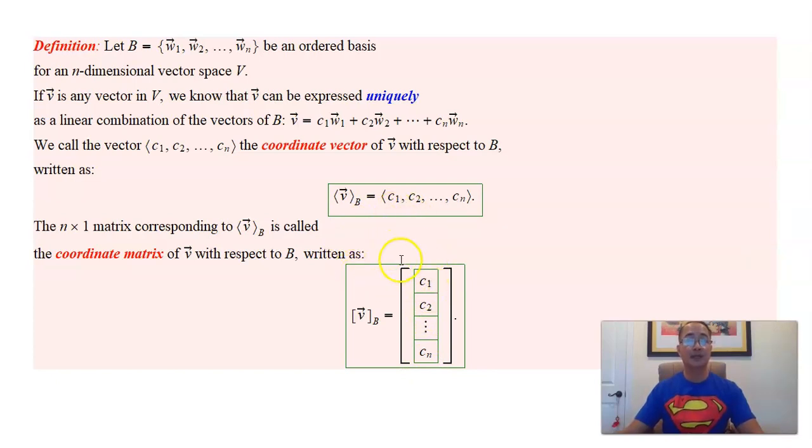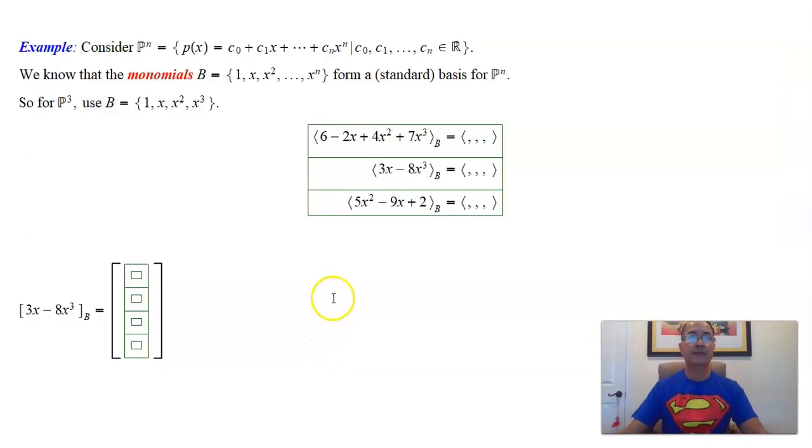So just put the numbers in a column vertically in the same order, and we will call this the coordinate matrix of v with respect to B. So notice there is a subtle difference in the notations. These are angled braces like we have for vectors, and these are square braces like what we have for matrices.